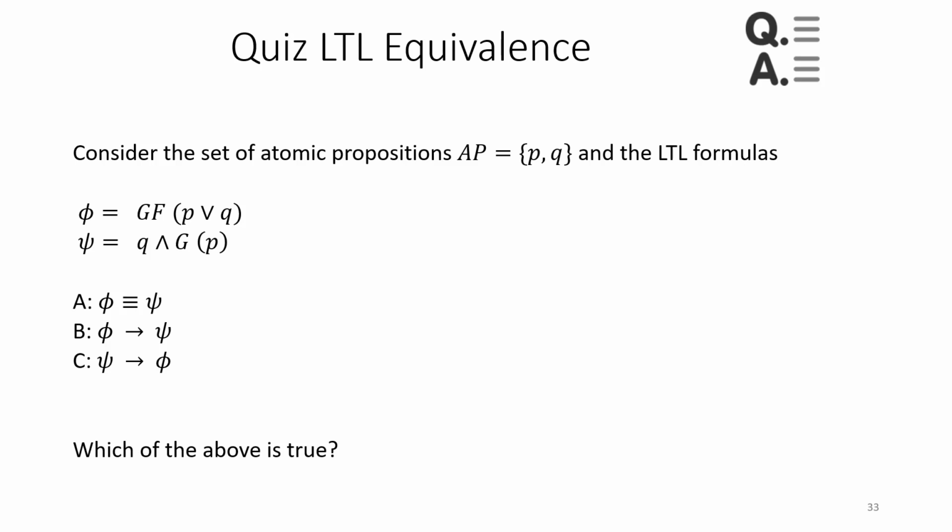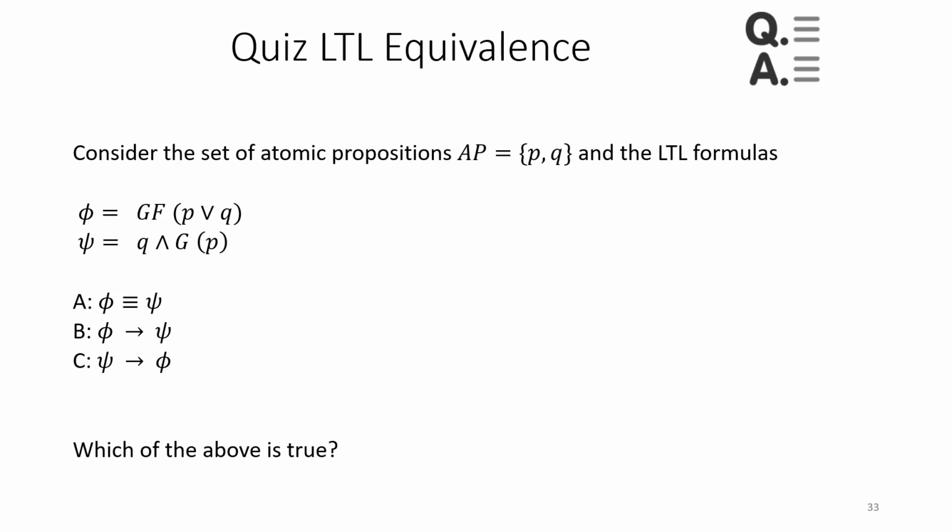Okay, let's start with B and see if we can either prove it or disprove it by giving an example where it breaks. So B means we already have globally finally P or Q. And then does this mean that we have initially Q, right?